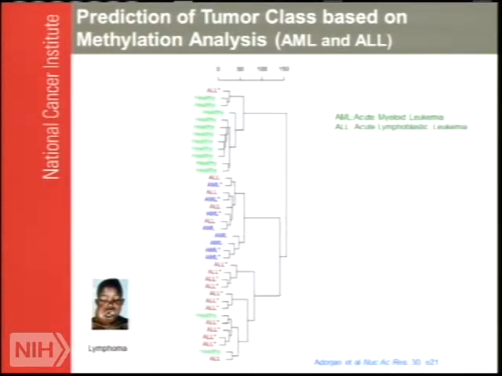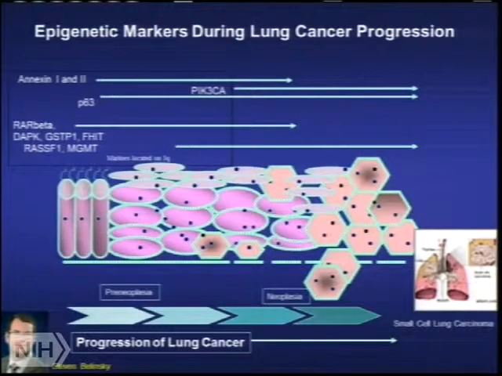In ALL and AML, just based on methylation profiling, different populations could be separated. Similarly, in lung cancer also some genes have been characterized, and in this case, Steve Belinsky has identified some methods where, from sputum, non-invasively, he can collect samples and then characterize annexin 1 and 2, these are proteins, and then methylation markers.